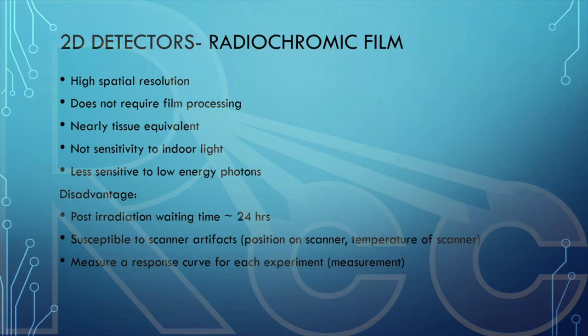You have to make sure about the positioning of your film in the phantom, because then you have to scan it, you have to process it, and then you have to take that exposed film to your treatment planning system and align it. It's more involved, because when you do film plus an ion chamber, you are taking only one plane of your QA, and then you are taking an absolute dose measurement.